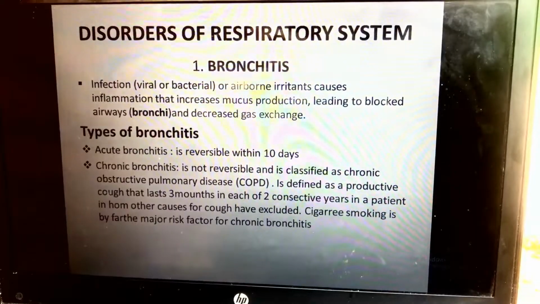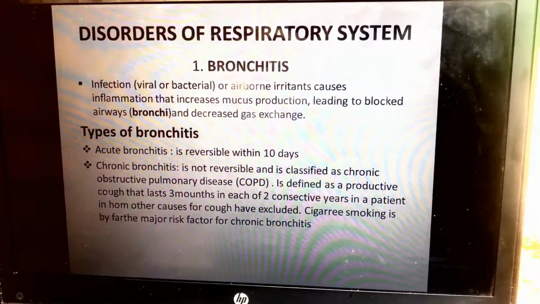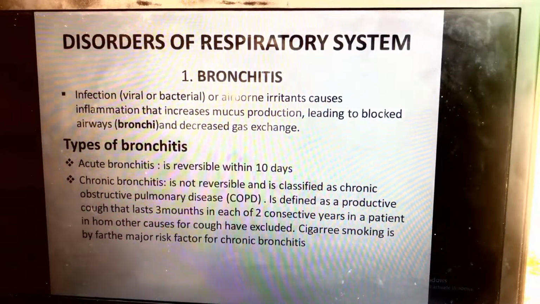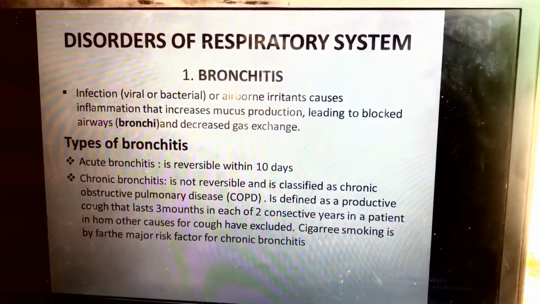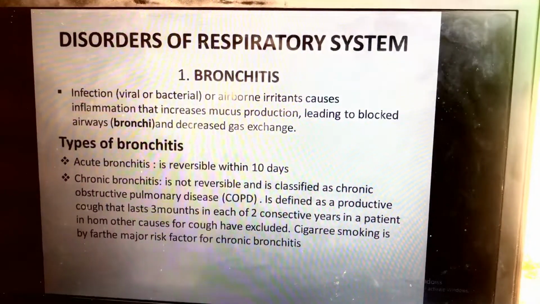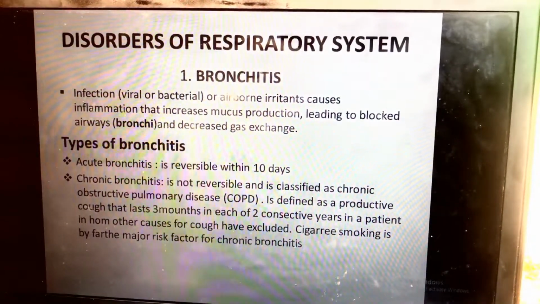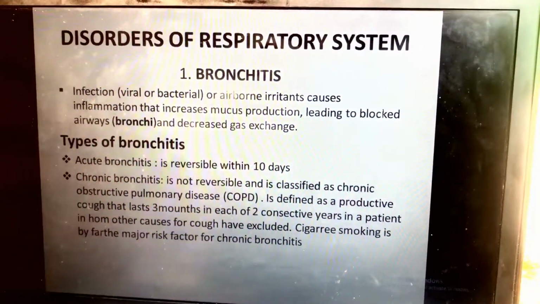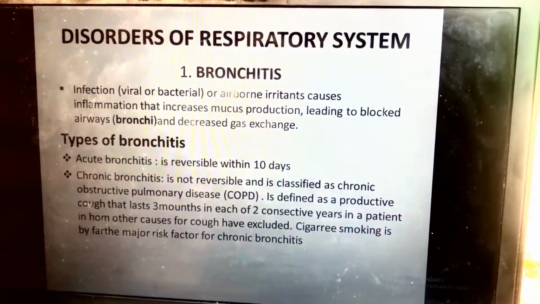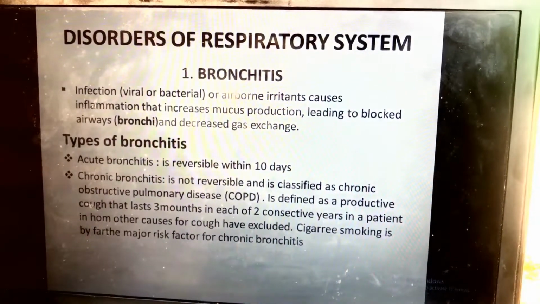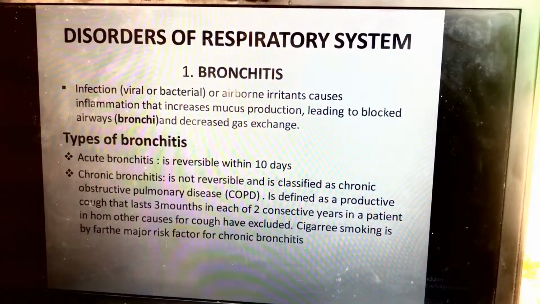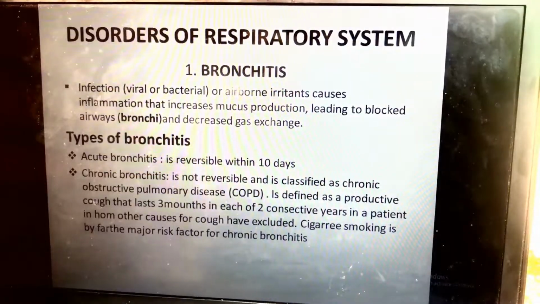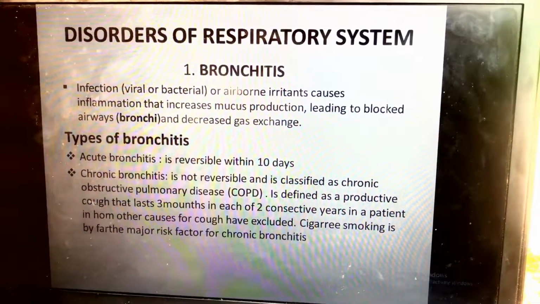We have acute bronchitis and chronic bronchitis. Acute bronchitis is reversible within 10 days. But chronic bronchitis is not reversible and is classified as chronic obstructive pulmonary disease, and is defined as a productive cough that lasts 3 months in each of 2 consecutive years in a patient in whom other causes for cough have been excluded.